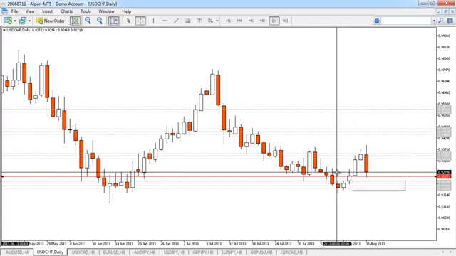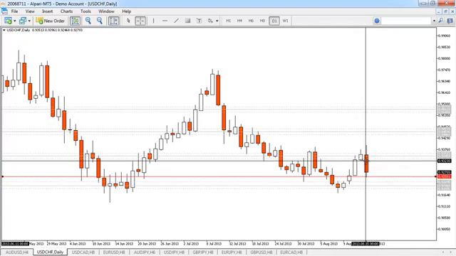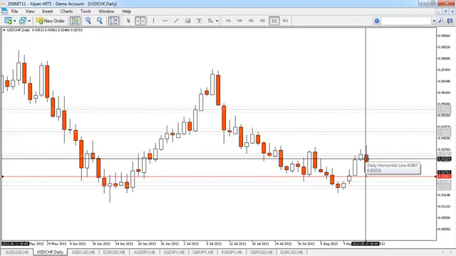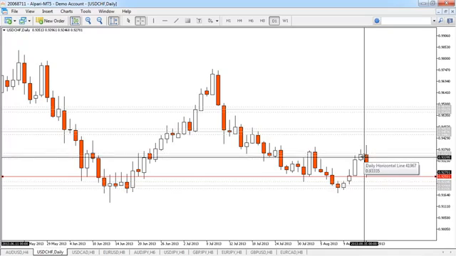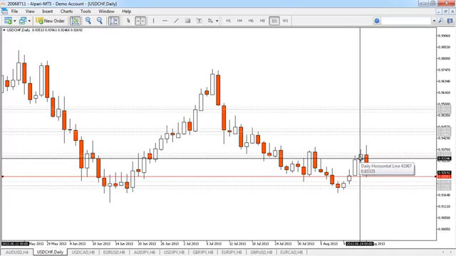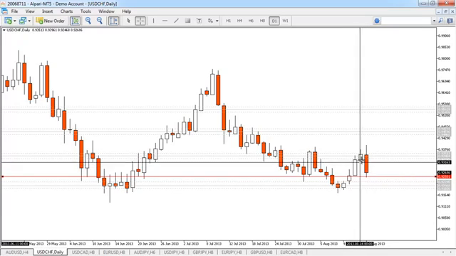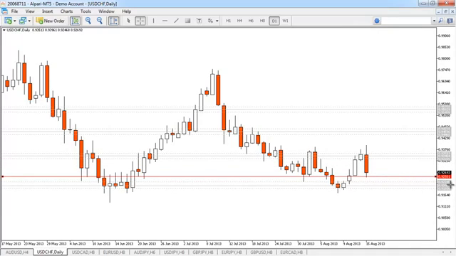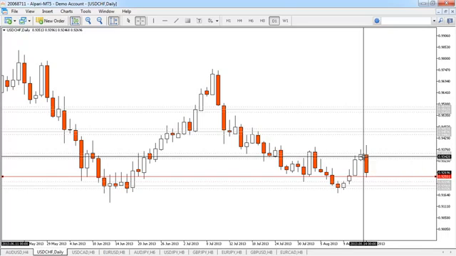If I'm setting just an automatic exit, I'd probably set it on the line just because there is resistance up here and I don't want it to get specifically to this line and then reverse because there are sellers up there. So it just depends on if I'm around to watch the trade. If I'm able to watch the trade from my mobile phone or at my actual computer, I'll set my exit a little higher and just watch and see how price reacts around here.